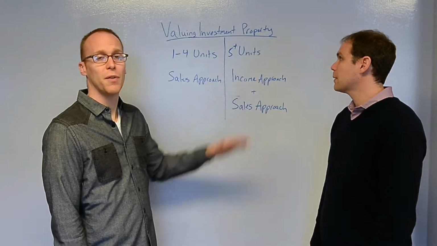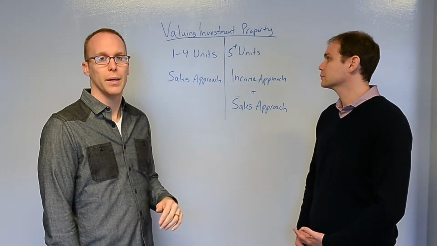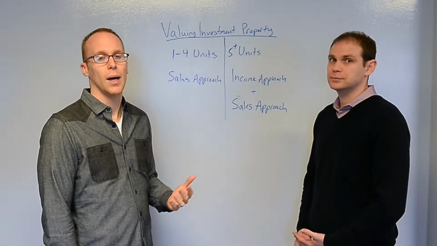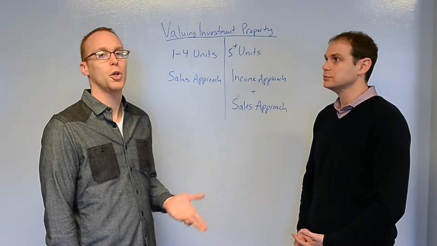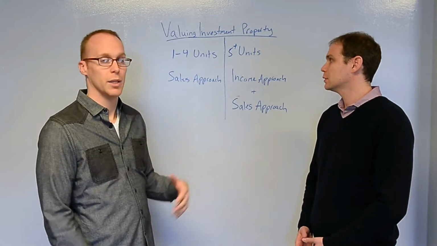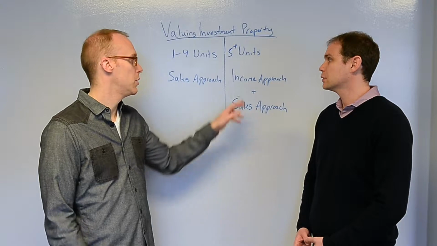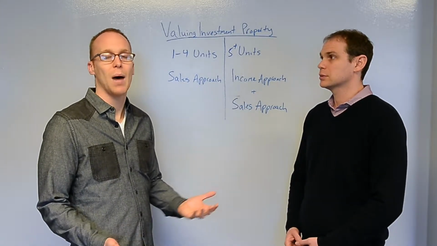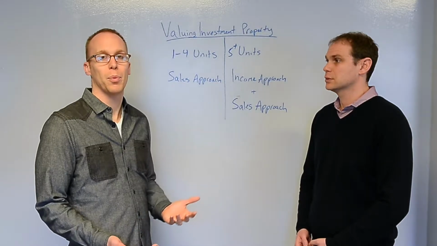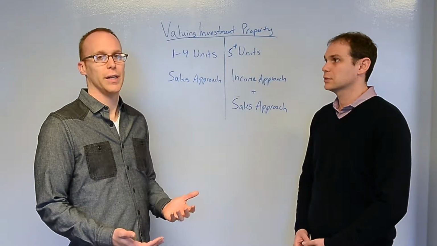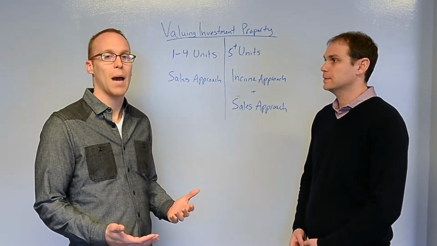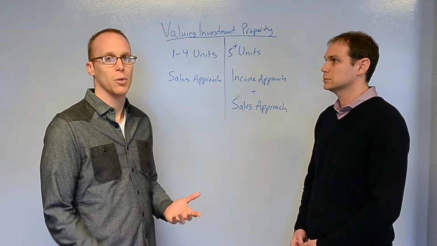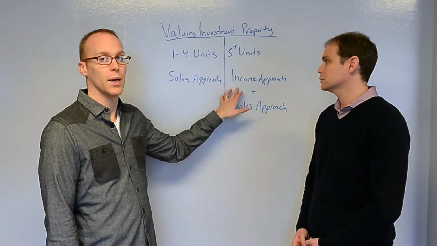Versus for 5 units or more, or on commercial properties, appraisers are going to use 2 approaches, but it's going to be more heavily weighted to the income approach. In other words, they're going to look at the net operating income for that property and what that generates, and they're going to use a cap rate to determine the value of the property off of the income.